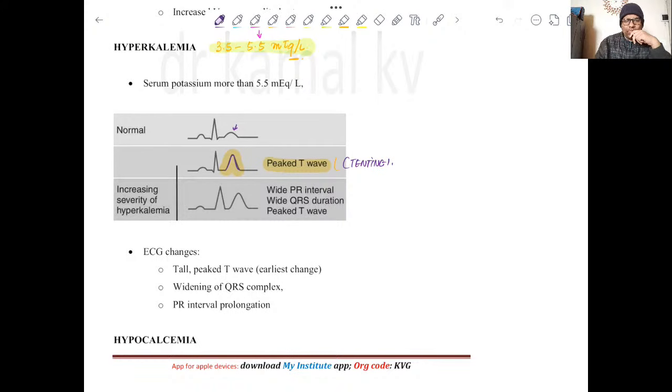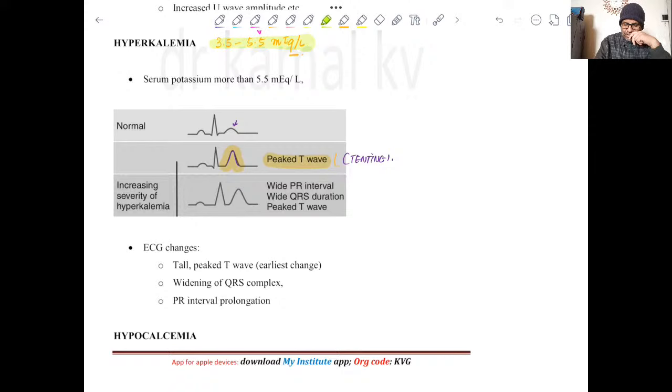And as the value of potassium will increase, you will find some more features like widening of QRS. Okay, so there is widening of QRS, then there will be increase in the PR interval. So these are other features which you'll find here. So one is of course tall peaked T waves, then second is increased QRS, and third is increased PR interval.